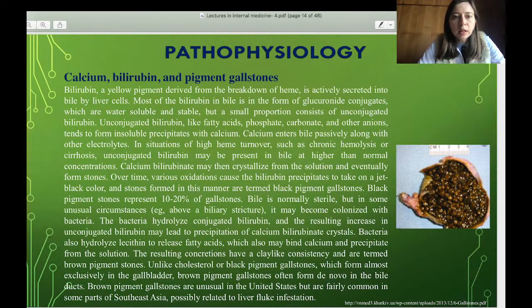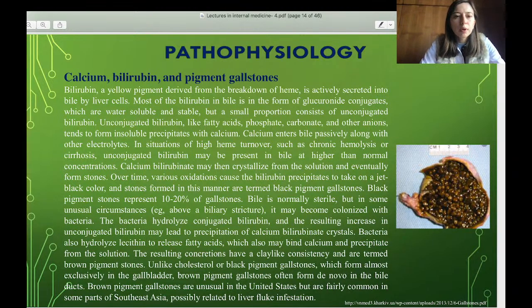Unconjugated bilirubin, like fatty acids, phosphate, carbonate, and other anions, tends to form insoluble precipitates with calcium. Calcium enters bile passively along with other electrolytes. In situations of high heme turnover, such as chronic hemolysis or cirrhosis, unconjugated bilirubin may be present in bile at higher than normal concentrations.